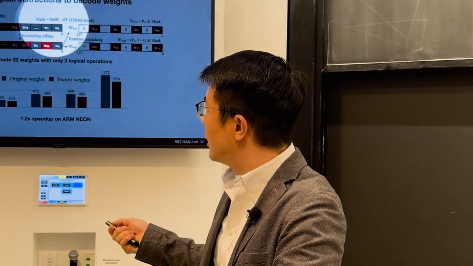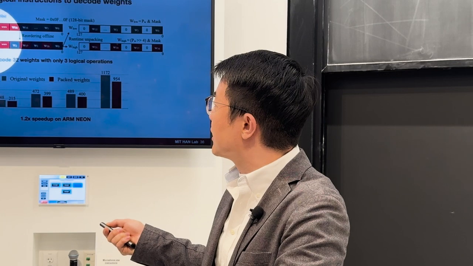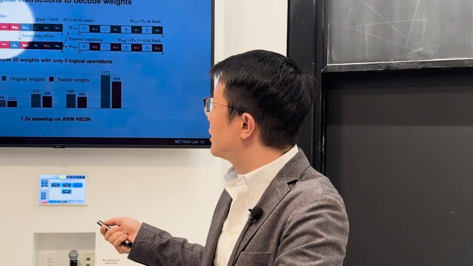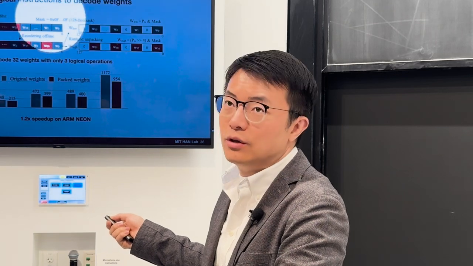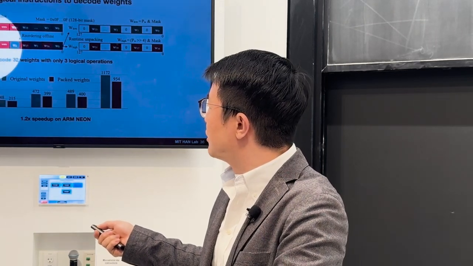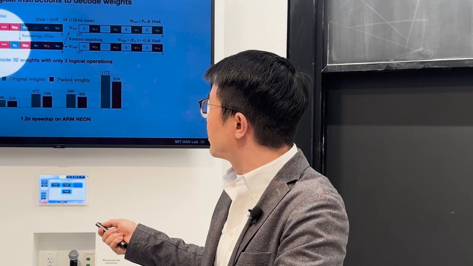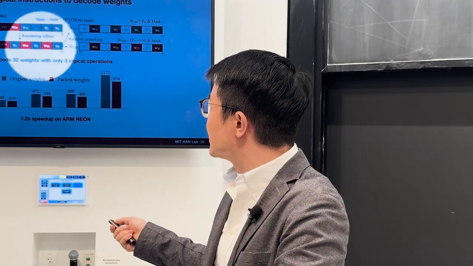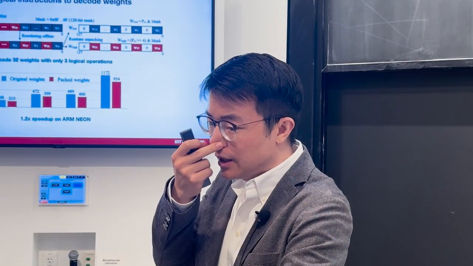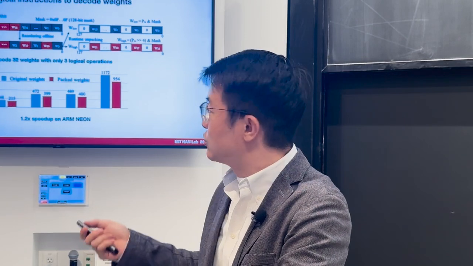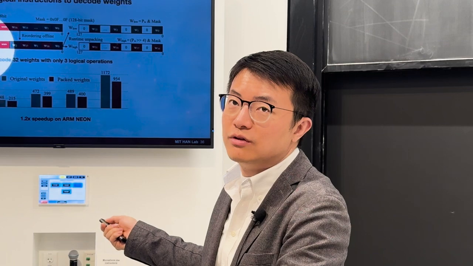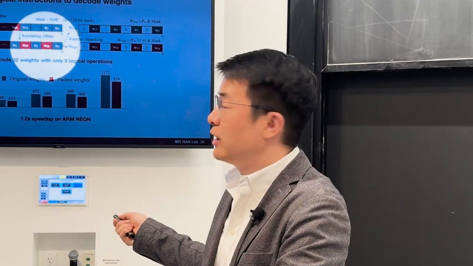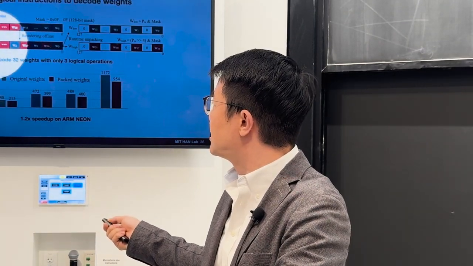So we want to store the weights in this manner rather than in a consecutive manner like W31, W30, and then W15, W1, W0. We want to store them in an interleaved manner: W31 first, and then W15, and then W30, W14, and so on down to W17, W1, W16, W0. So if you just look at the gray part, they are consecutive: 0, 1, 2, all the way to 15. If you look at the red part, they are consecutive too: 16, 17, all the way to 31.